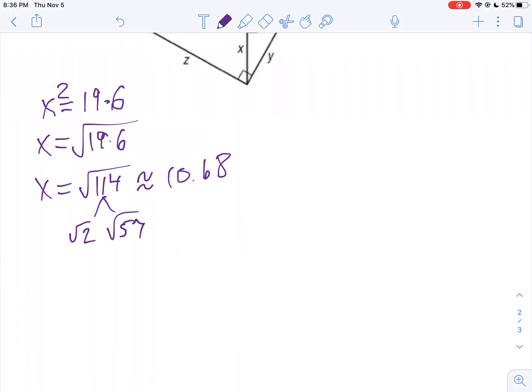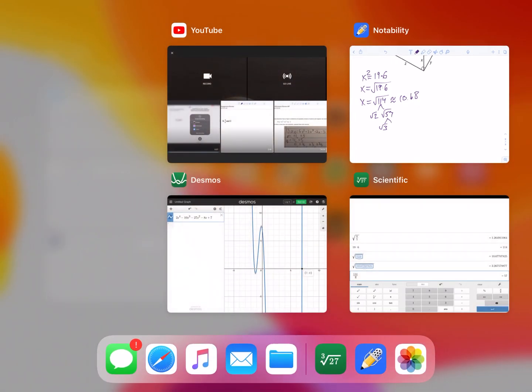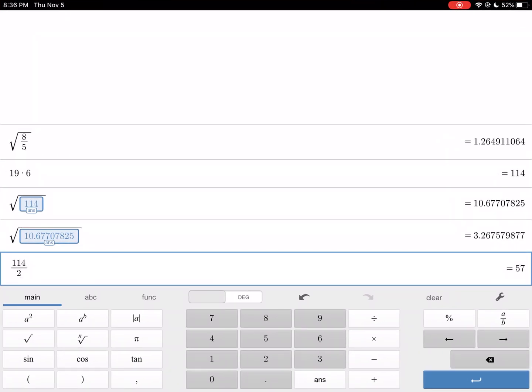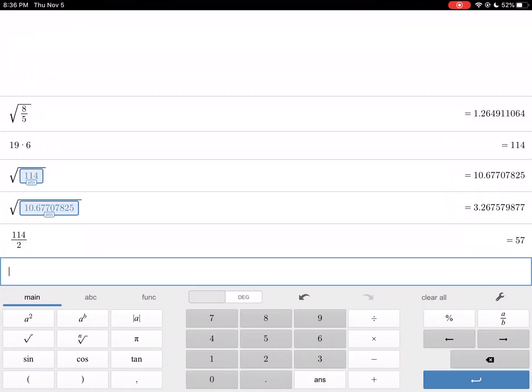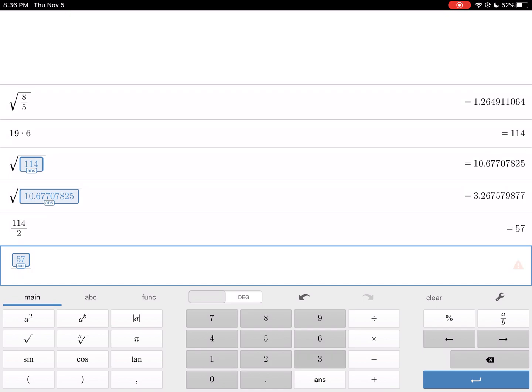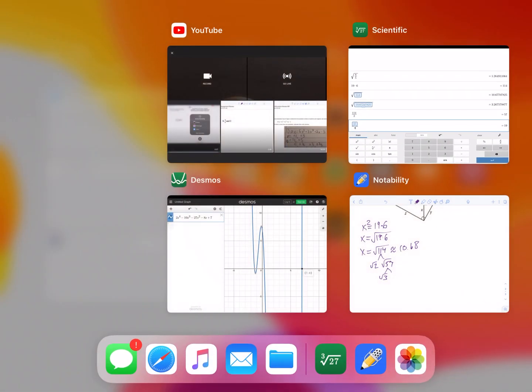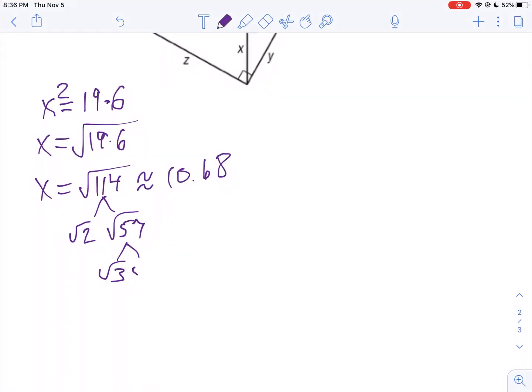Well, let me try. 57, 3 goes into it. But I think that's 19, isn't it? 57 divided by 3 is 19. We don't have any partners here, so it doesn't simplify. So I'm just going to say the exact answer is the square root of 114.